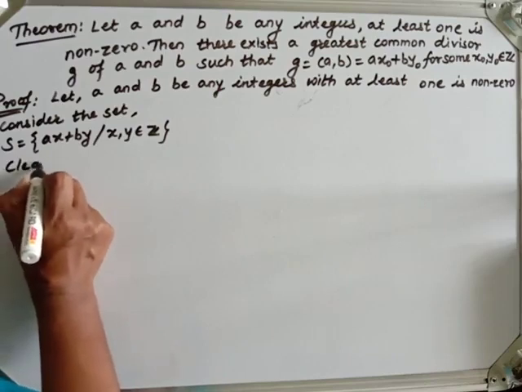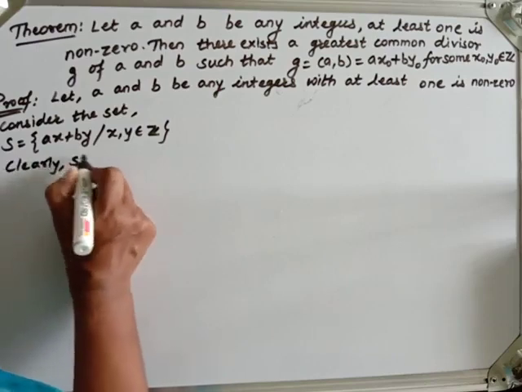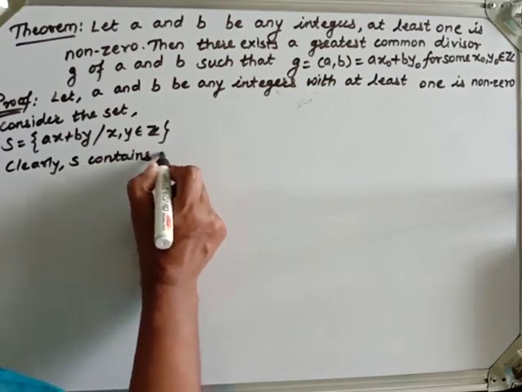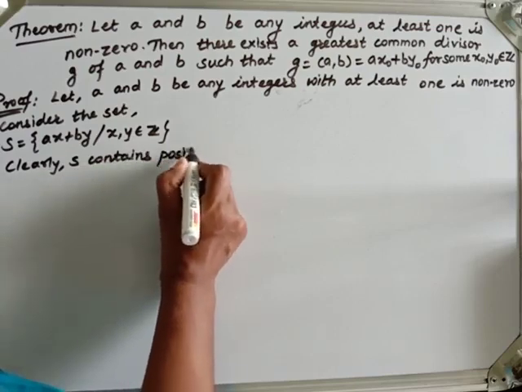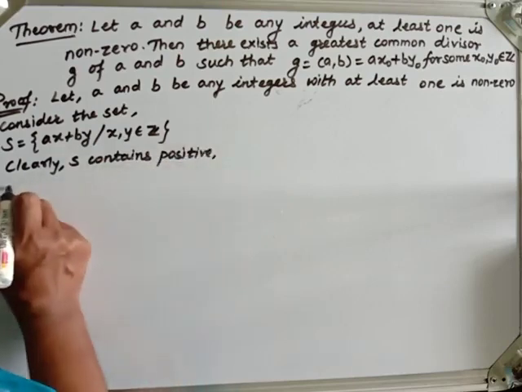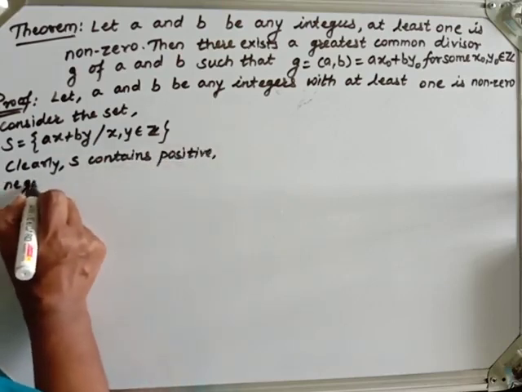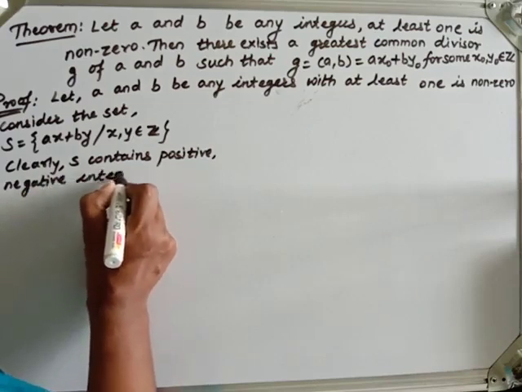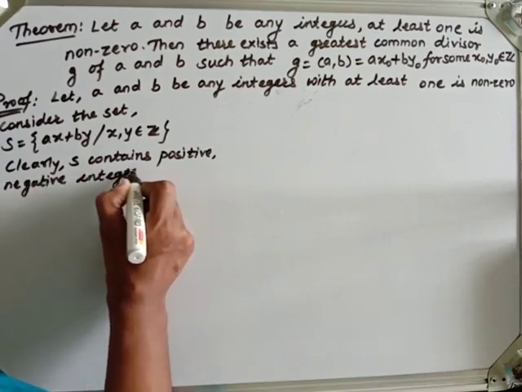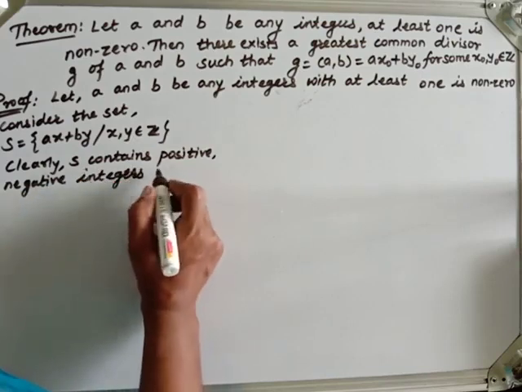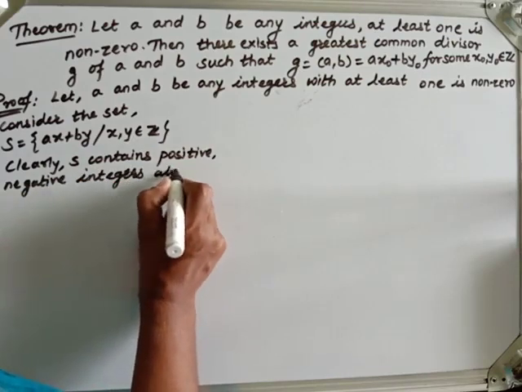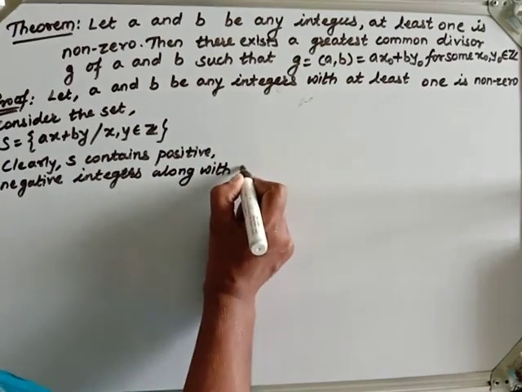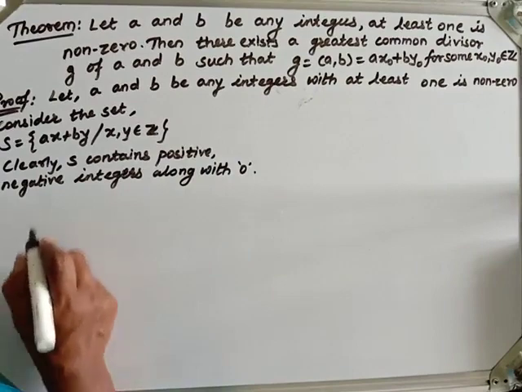Clearly S contains positive and negative integers along with 0.